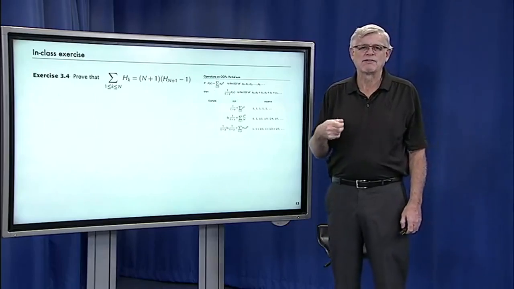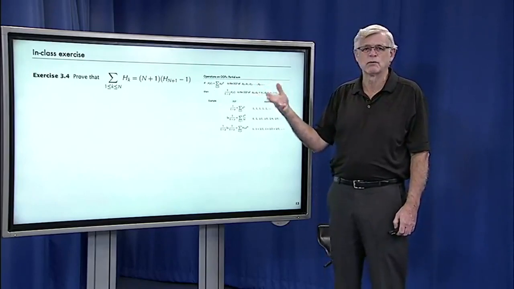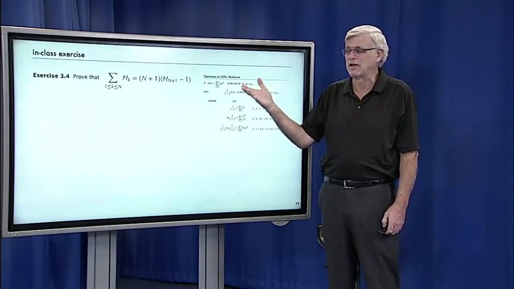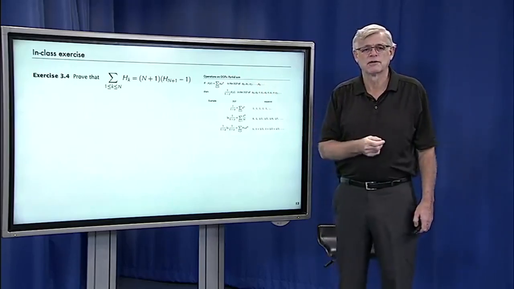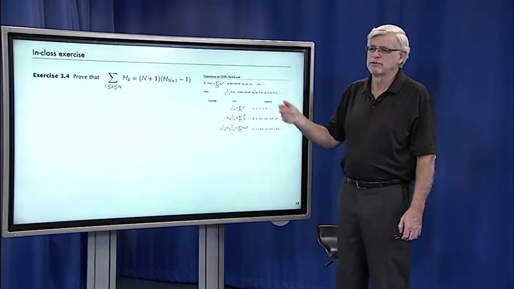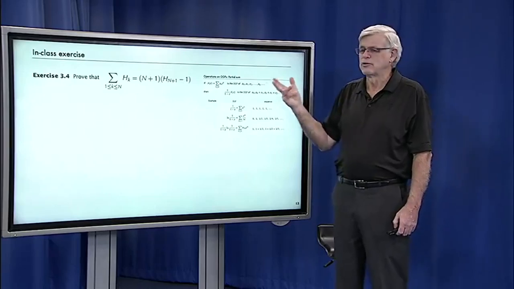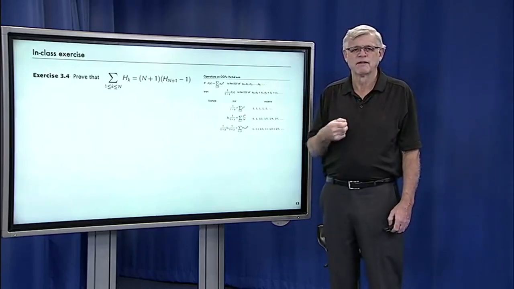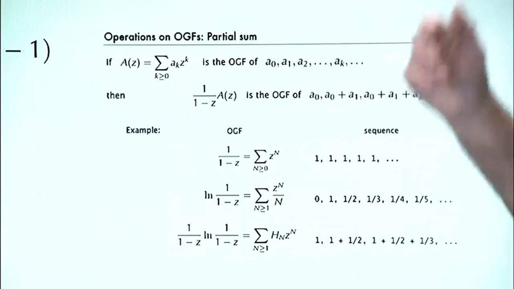Remember, when we talked about solving recurrences, we said that we're going to have sums that we need to evaluate. And how are we going to evaluate a sum like that if it turns up? Generating functions are a reasonable tool for doing something like this. So think about whether you can solve that problem to apply your understanding of the last couple of slides in the lecture.